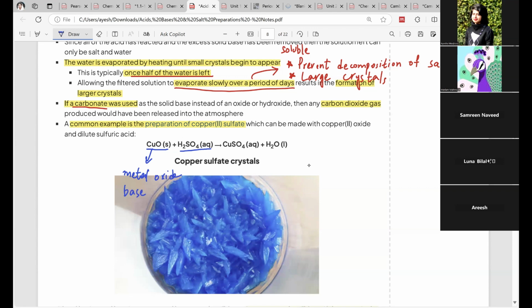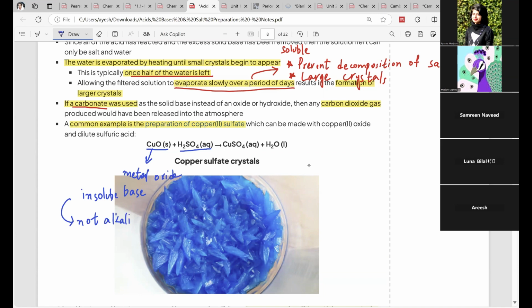Can we say it is an alkali? It depends on its solubility. See the solubility. The state symbol is given: solid. Copper oxide is solid in the solution. So is it soluble or insoluble in the solution? Insoluble. And yes, we are saying that we need an insoluble base. So this is basically an insoluble base. So we cannot say it is an alkali.